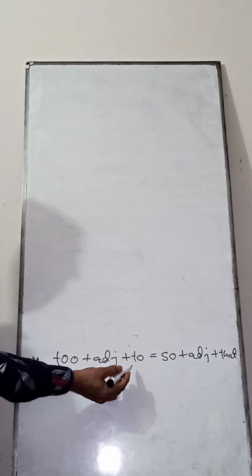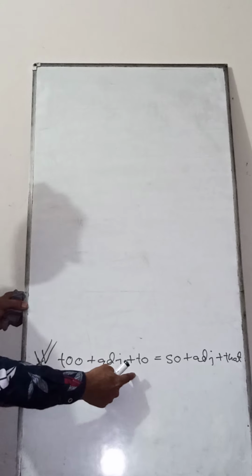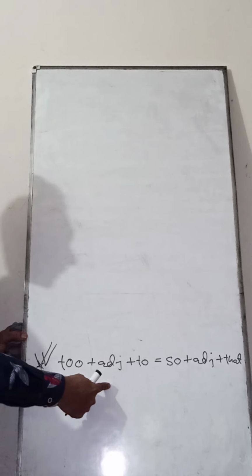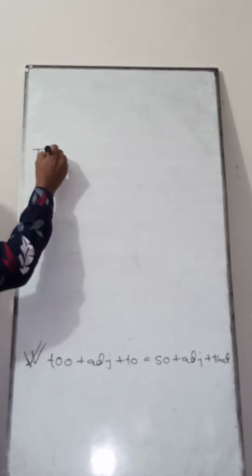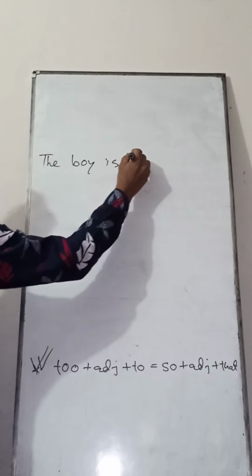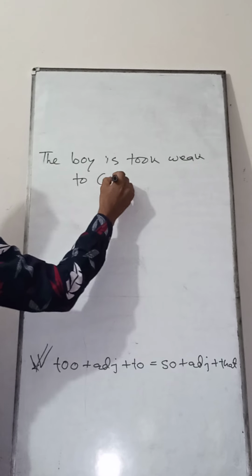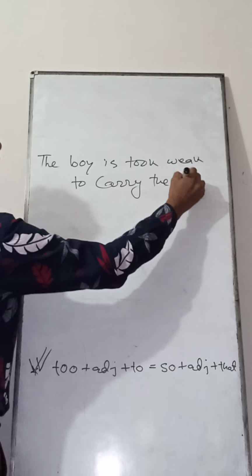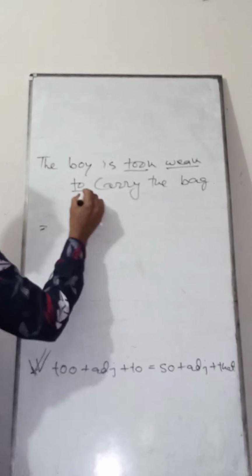Too plus adjective plus to. If you find a simple sentence with too plus adjective plus to, you have to transform this sentence from simple to complex by adding so plus adjective plus that. The boy is too weak to carry the bag. Okay, here too plus adjective plus to.